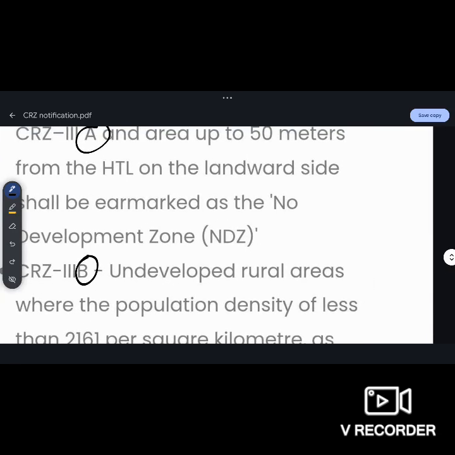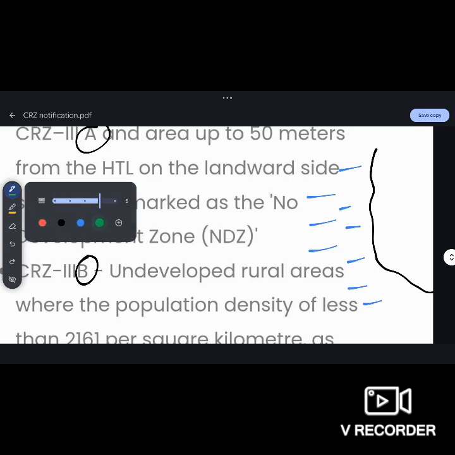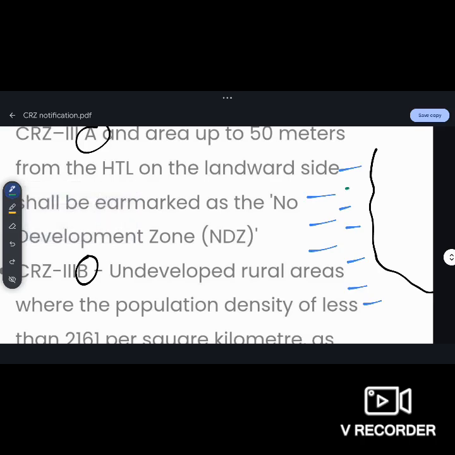Let's suppose this is our sea, and there is an area here, and this coastal community is basically a rural community, which has a very low population density.